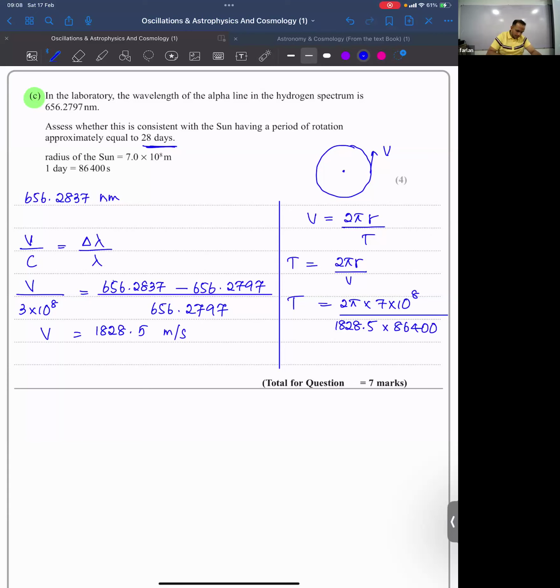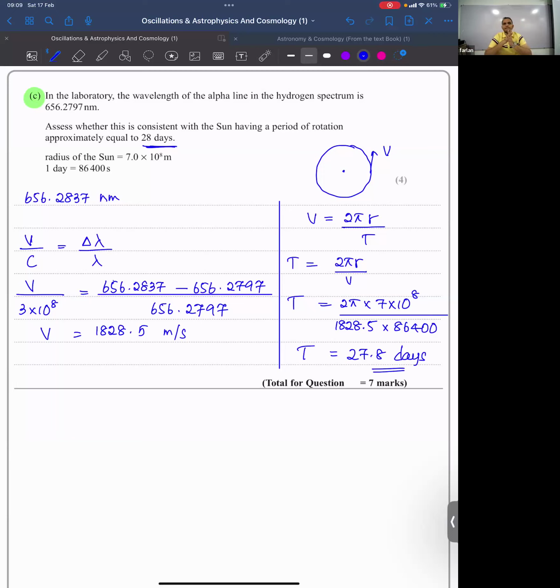That will be 27.8 days. So, assess whether this is consistent: yes, we can say yes. Approximately 28 days. So the assessment is correct.